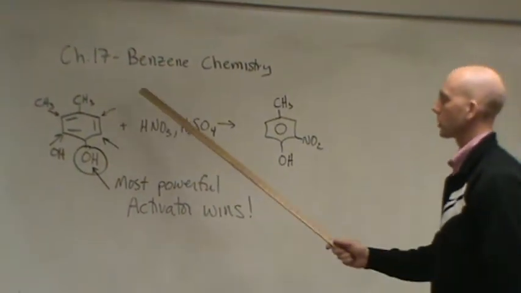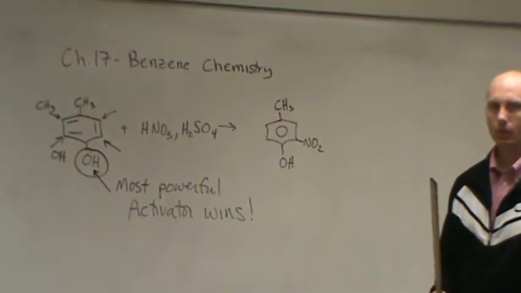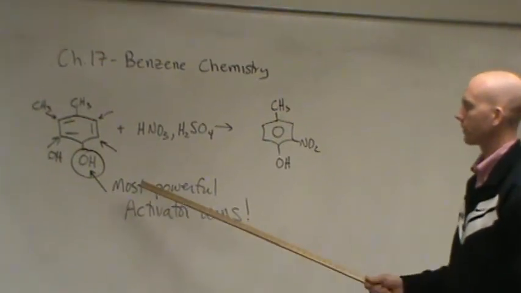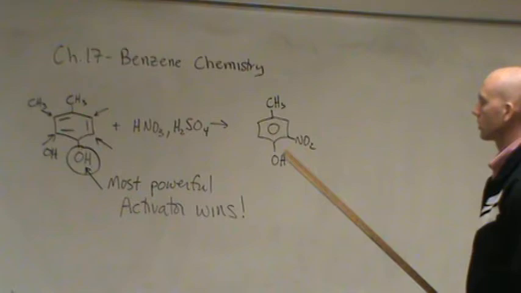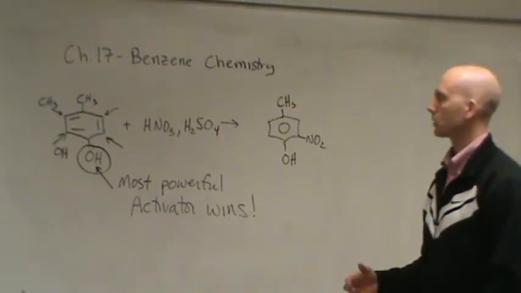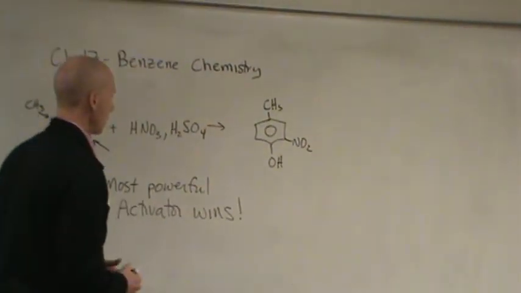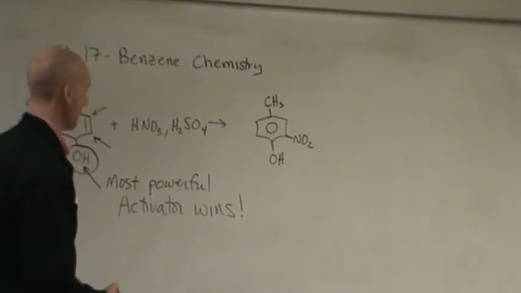So if I have to make a decision, might makes right. Isn't that right? Well, here, the might is the more powerful activator. And so the NO2 proceeds there. Okay? And that happens even if the group is a deactivator. The activator always wins over the deactivator.